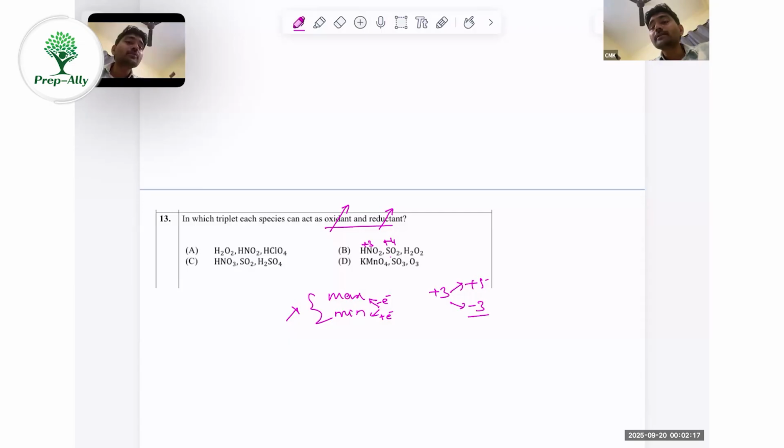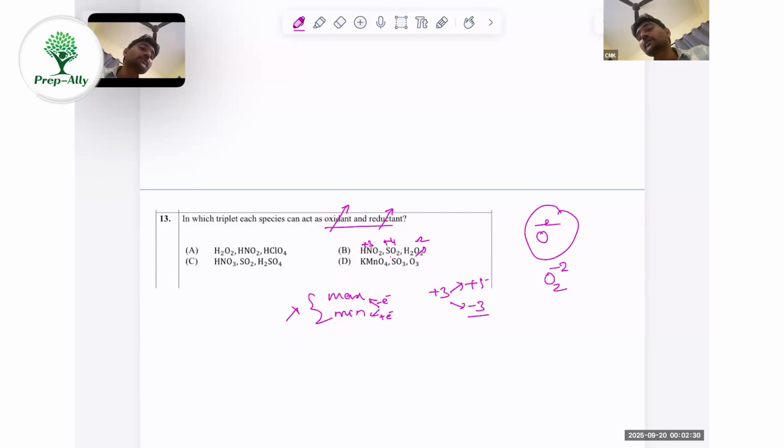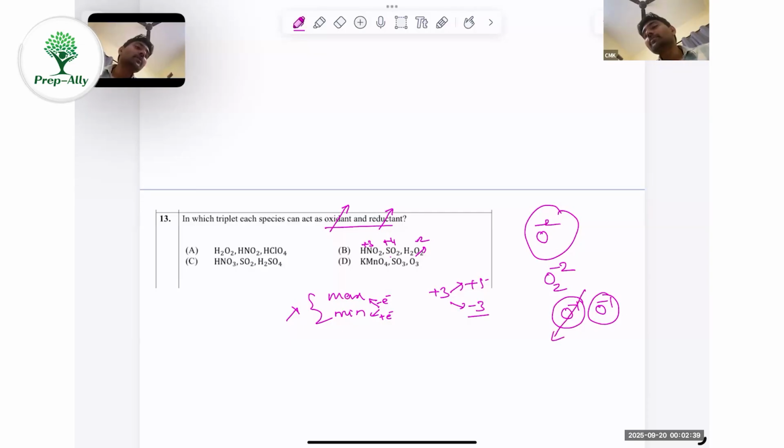Here H2O2, if you take it, each oxygen is in -1 oxidation state. One oxygen in -2 means that is a normal oxide. Both the two oxygens being -1 each means then only we call it peroxide linkage. So that can decrease to -2 and that can give even positive oxidation states also.